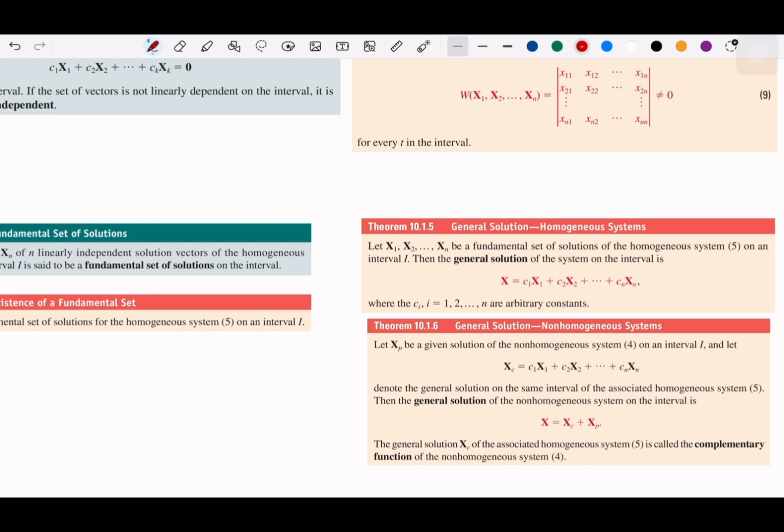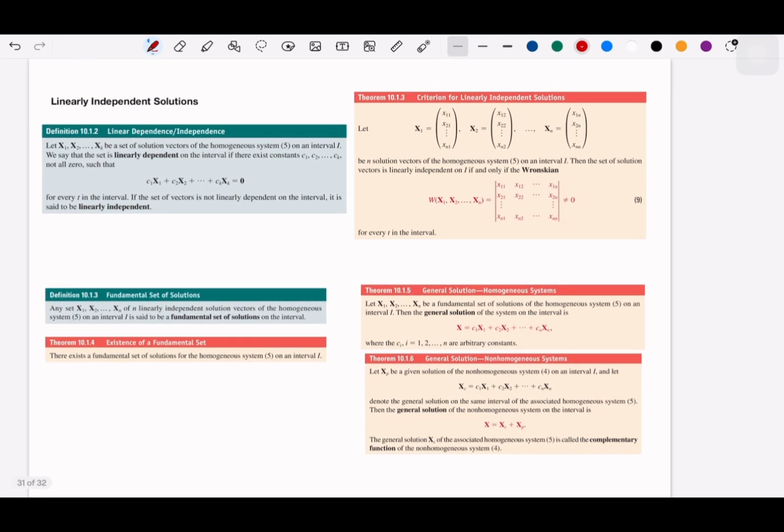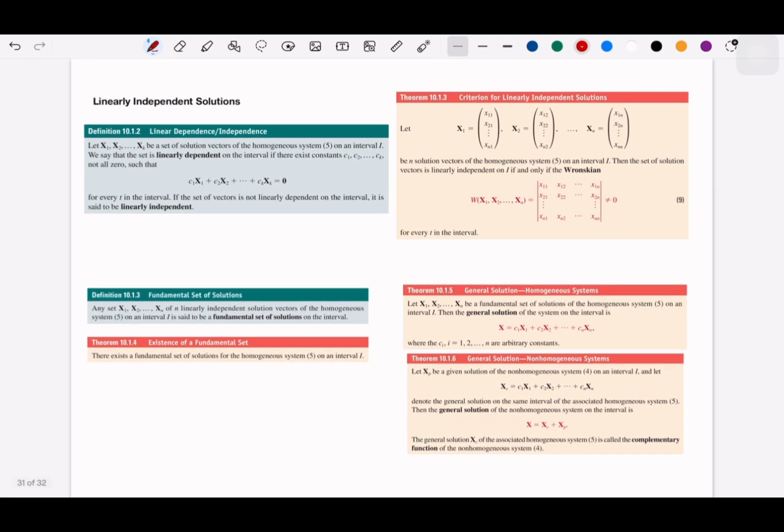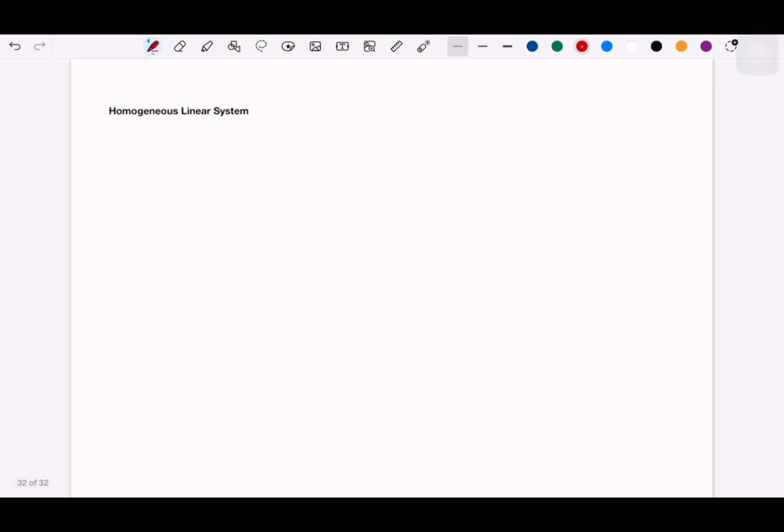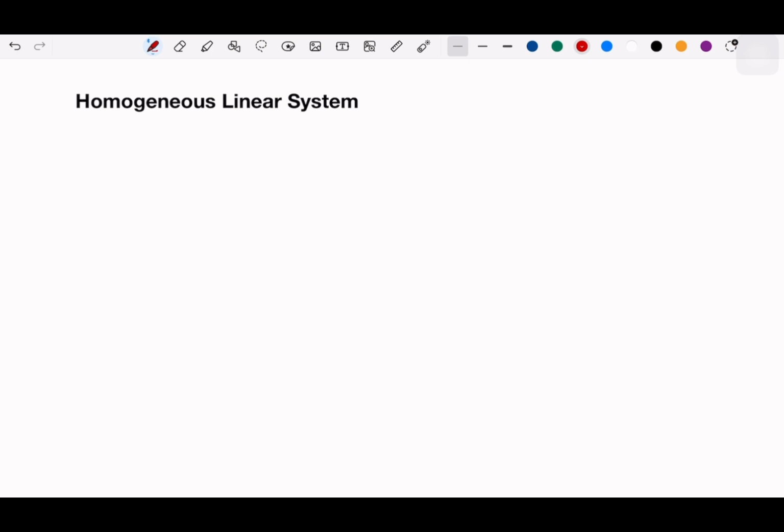So let's start for a while. We start from this homogeneous linear system. So I will start this homogeneous by doing some verifications.